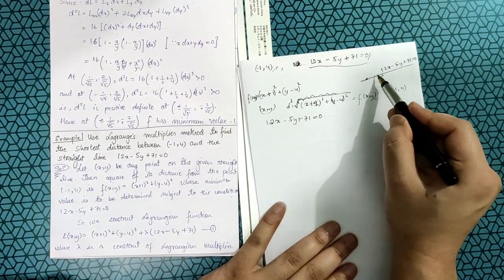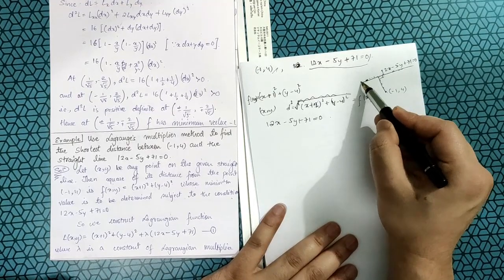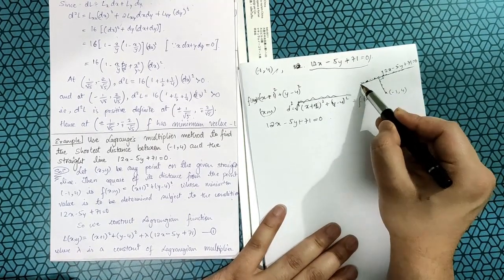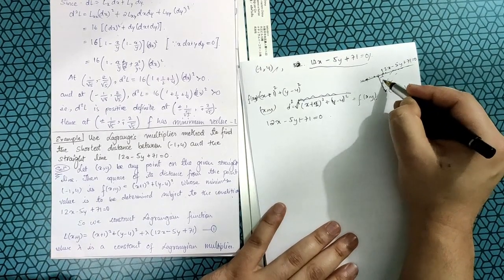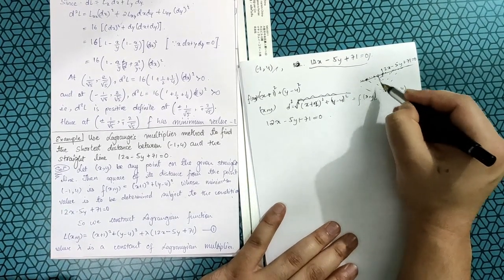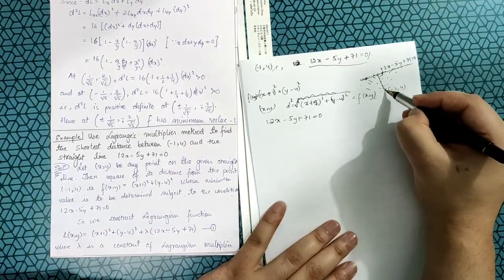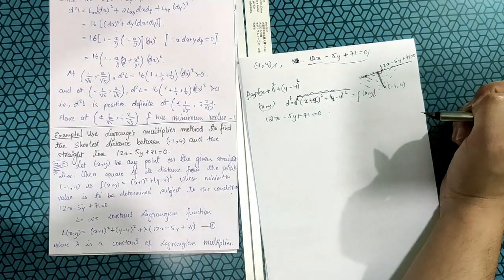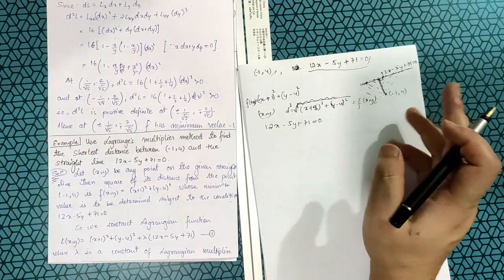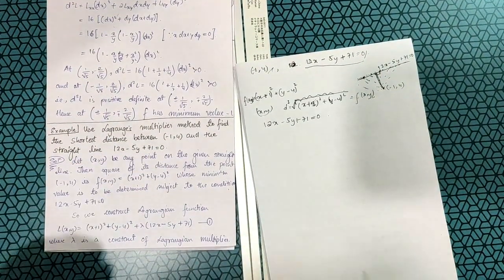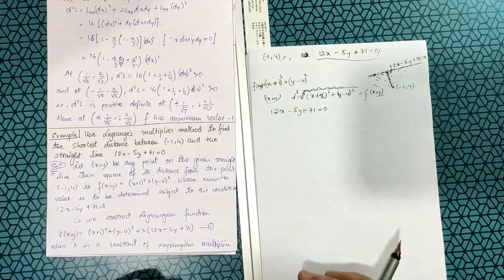Obviously if x, y is moving, we'll have the locus of these points and its distance will obviously increase and decrease according to x and y. So we need to find the shortest distance. That means the minimum value, the x and y for which it is the shortest distance, right?